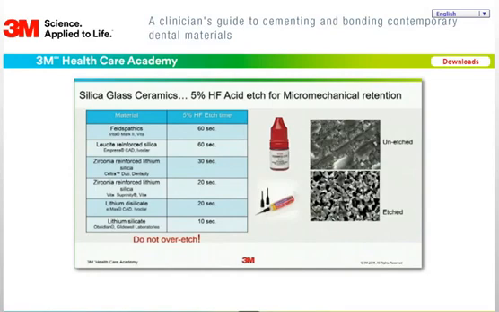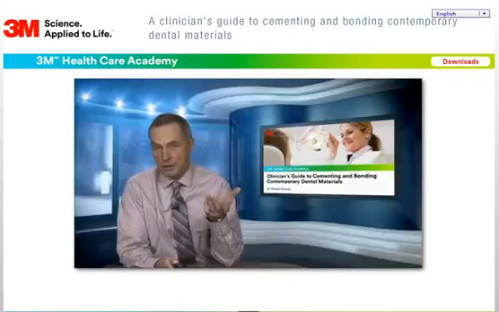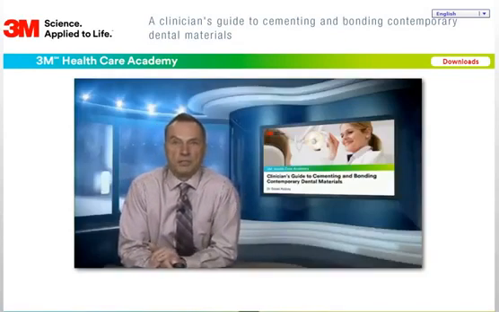Please look at the differences here between the products and what the manufacturers recommend. The bottom line is that you can over-etch these materials. In the process of over-etching, you're going to weaken or loosen the glass enough such that you can decrease or diminish the value of the bond itself micromechanically to the glass ceramic surface itself.